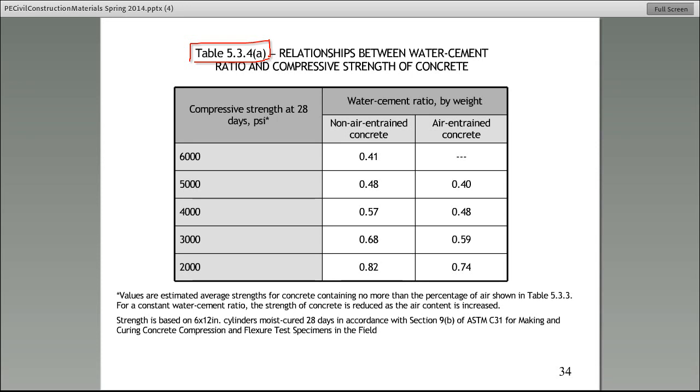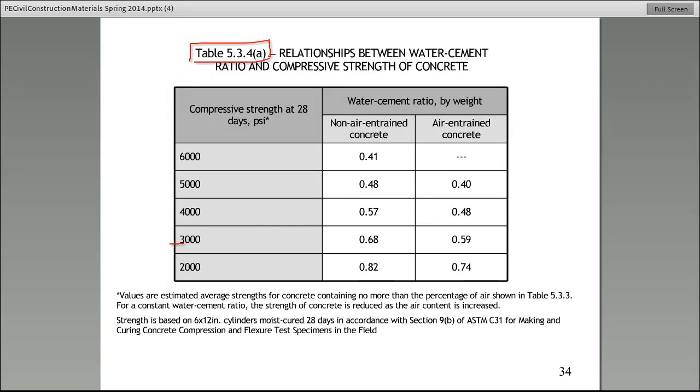All right, now the problem is we said 3,900 psi, and there is no 3,900 psi listed. We have 4,000, we have 3,000, but not 3,900. What will you do? Interpolate. In this case, you can indeed interpolate, and you should interpolate.